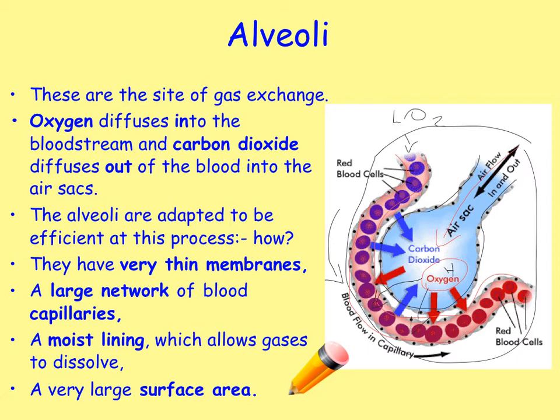The alveoli have very thin walls, which makes it easy for the oxygen to diffuse through. They're also moist, and that allows the oxygen to dissolve.